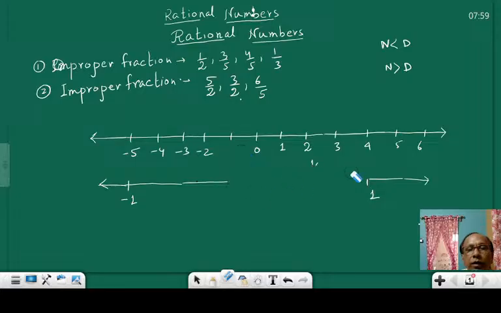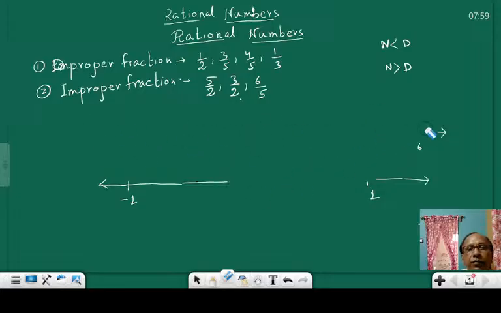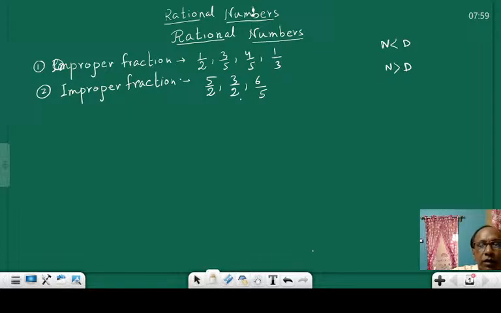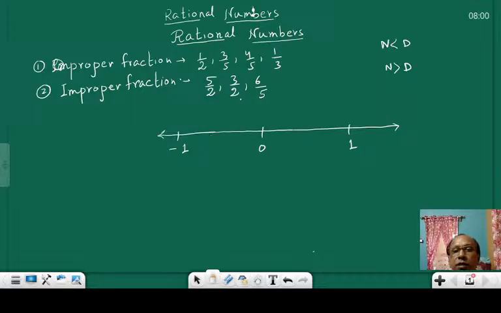In the same way, suppose we are drawing another number line representing 3 by 5. All the proper fractions will be between 0 and 1, because all the proper fractions are less than 1 and all the improper fractions are greater than 1.